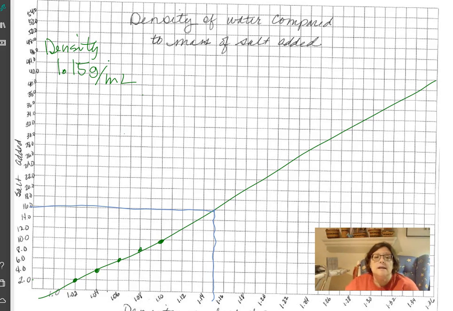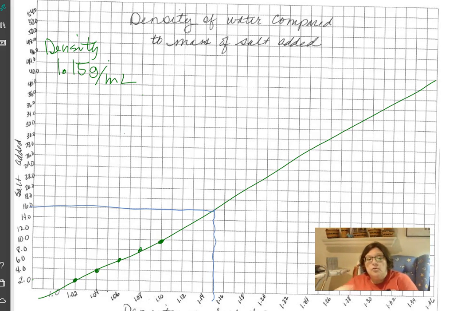Now, what did we say at the beginning needs to be true? If we want to make the golf ball float, we want our salt water to be more dense than our golf ball. So if 16 grams of salt to 100 grams of water is going to give us 1.15 grams per milliliter, which is the same, if we add 17, that's going to give us a little bit heavier, a little higher density.